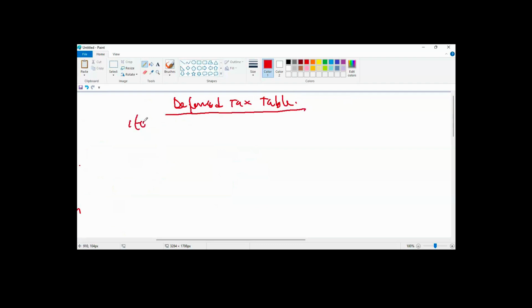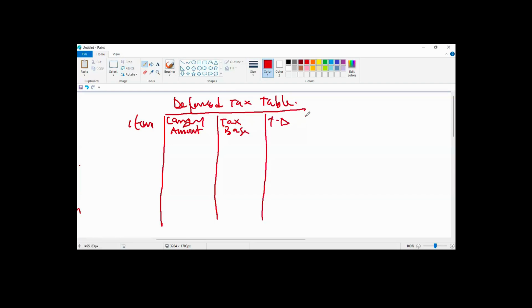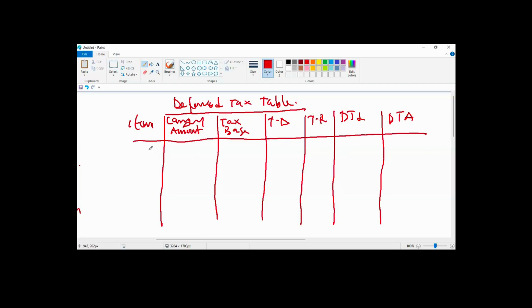I will say items, carrying amount, tax base, temporary difference, tax rates, deferred tax liability, deferred tax assets. First item, PPE.